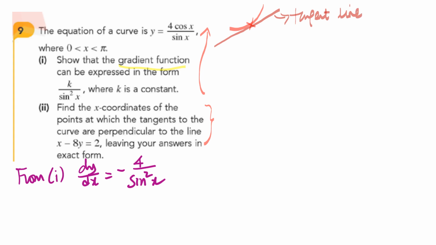And this tangent line is perpendicular to a line where you're given the equation to be x minus 8y equals 2. So from here, I can find my gradient.